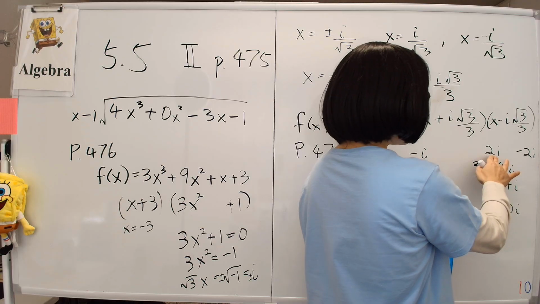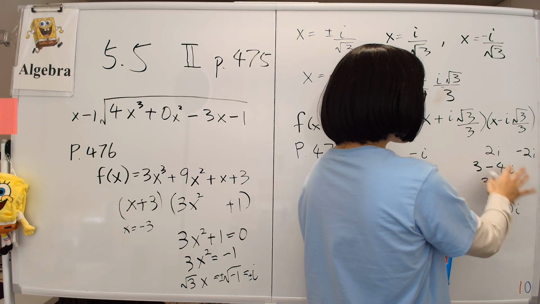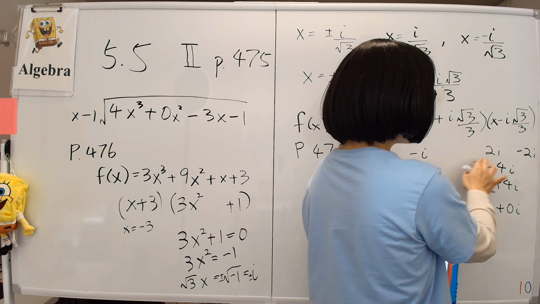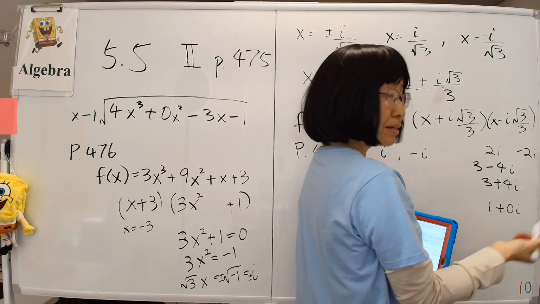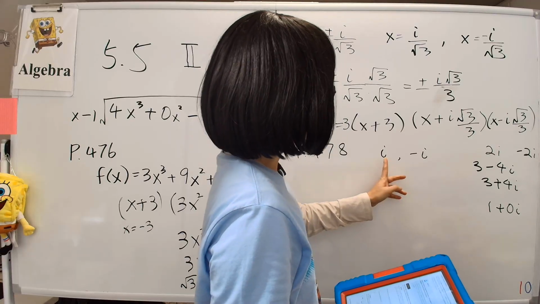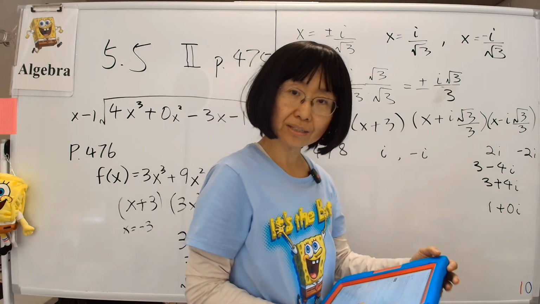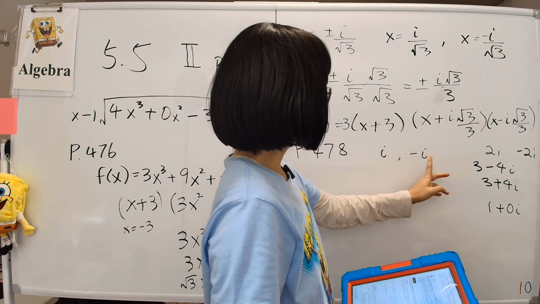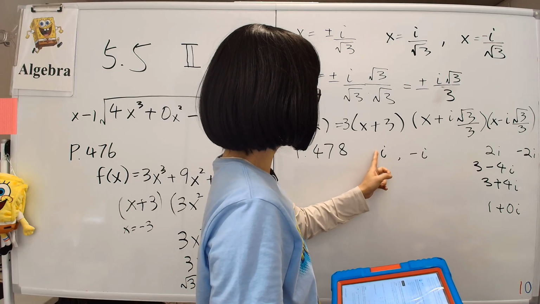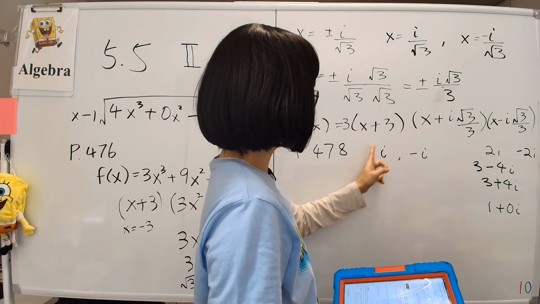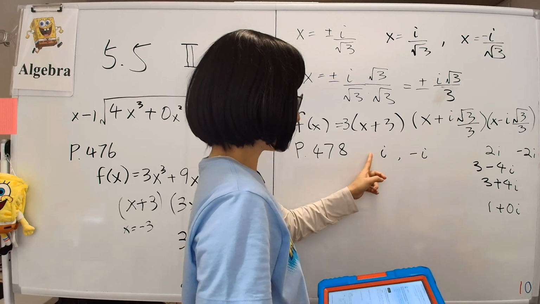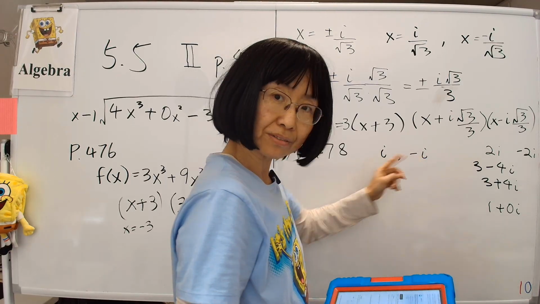And complex numbers or imaginary numbers will have an imaginary part and perhaps a real part that may or may not be 0. So that is the point of the conjugate. The complex conjugate means you change the sign of whatever is in front of i. If it's positive, you change it to negative; if it's negative, you change it to positive. So these are conjugates of each other.